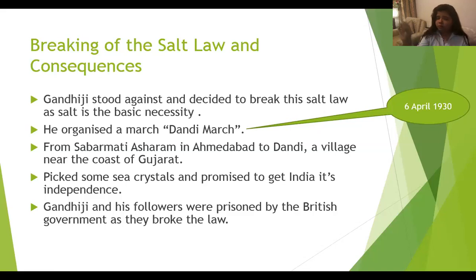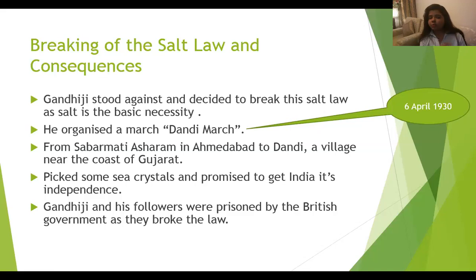I've popped up this date for you so that you can easily remember it, because a lot of you might struggle in remembering dates, which happens with a lot of us. This pop-up will give you that visual memory that yes, 6th April 1930 was the date when the Dandi March happened.